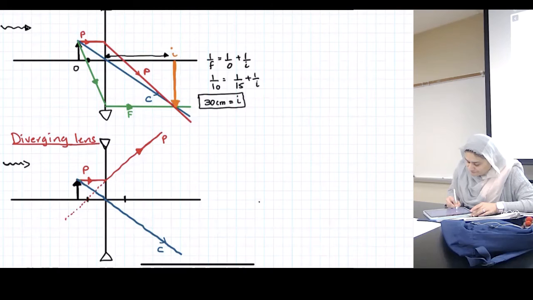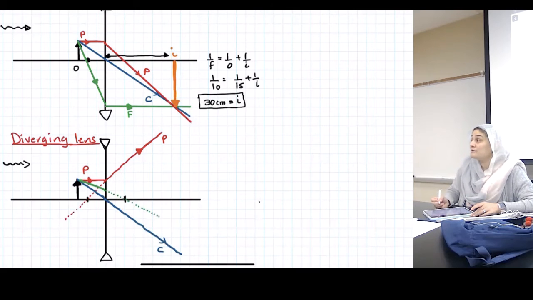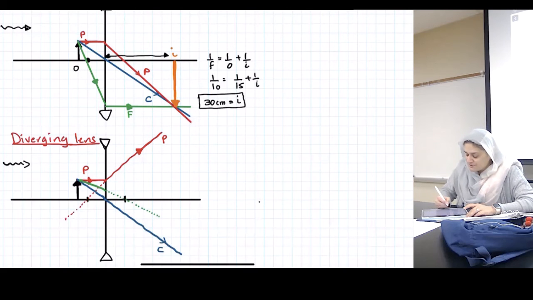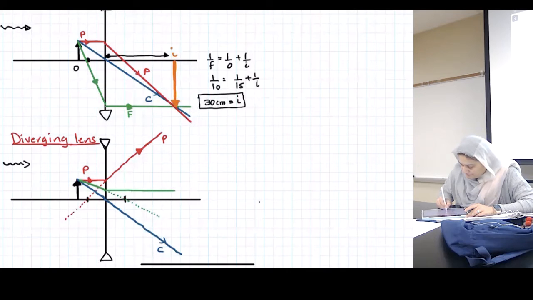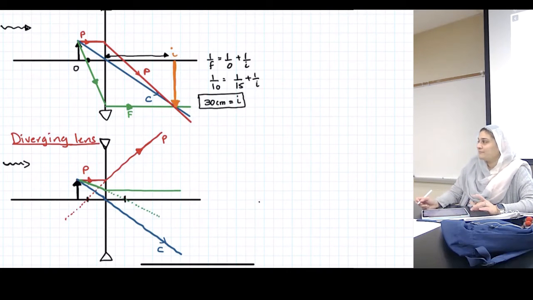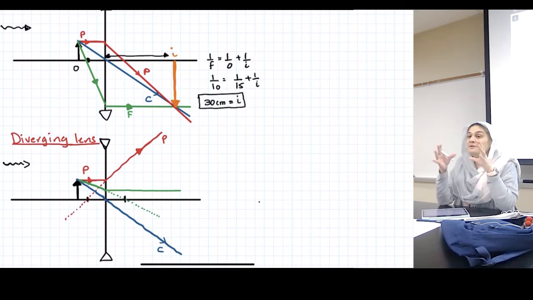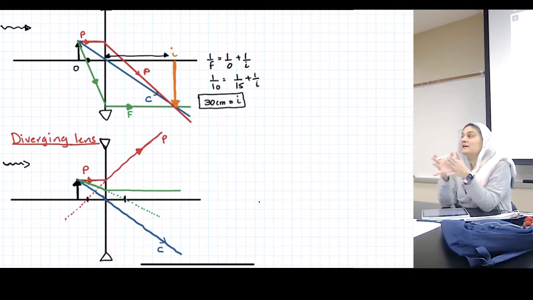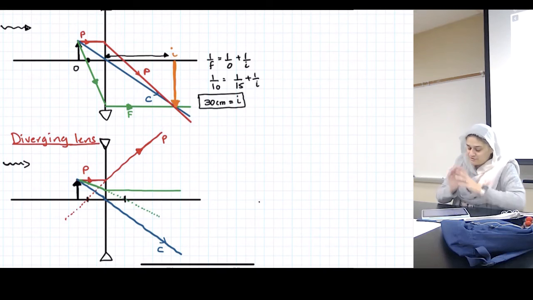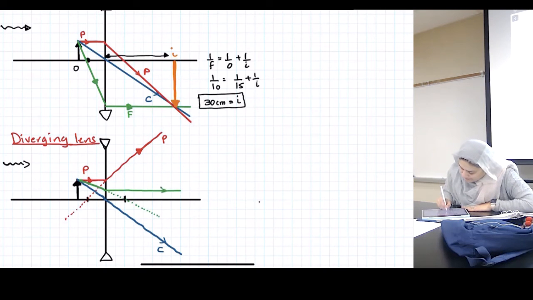But the rays actually don't go here, so with a dotted line I'm showing where they actually don't go. What happens to the focal ray after it hits the system? It has to change. Always remember that rays can only change when there is an interface in the middle. They cannot just randomly change. So your focal ray goes that way.